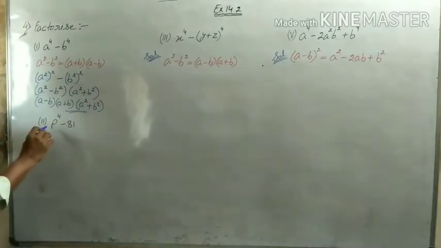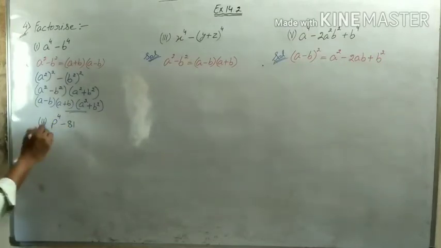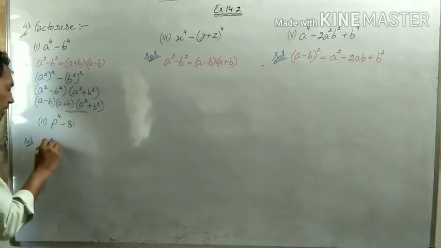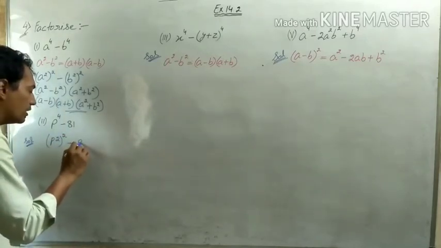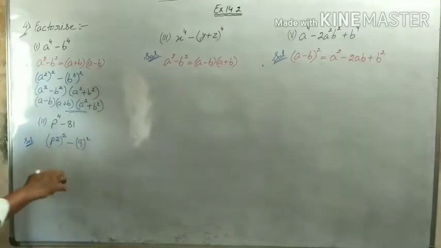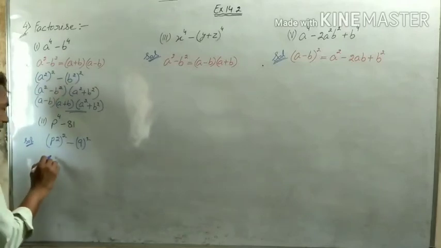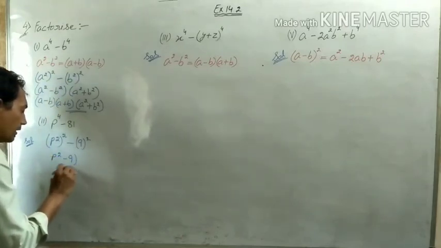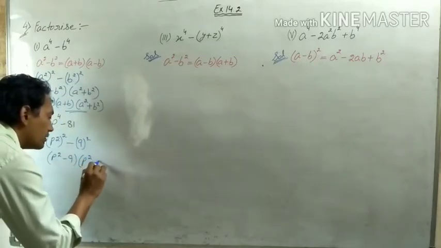Now here the second question, we have p raised to 4 minus 81. This can be modified. Again we have to use the same identity, but we need to modify here. We can write p raised to 4 as p square whole square, minus 81 can be written as 9 whole square. So this is like a square minus b square. Using the same identity, we can write it like this: p square minus 9 into p square plus 9.